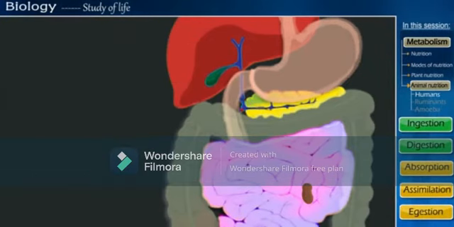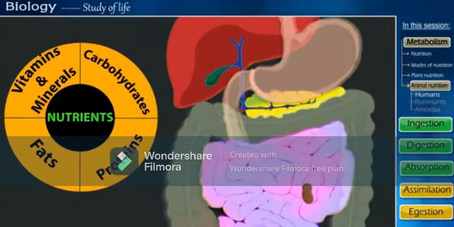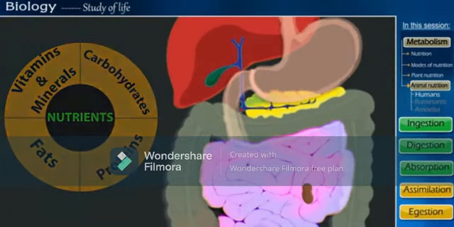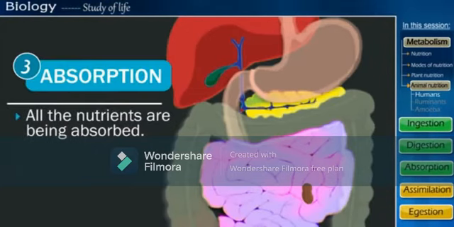Then this food passes on, and there are small villi present here with capillaries, through which the digested molecules, simple sugars and amino acids, are absorbed from the intestine into the blood capillaries. So the process of absorption occurs, and all the nutrients are absorbed here.